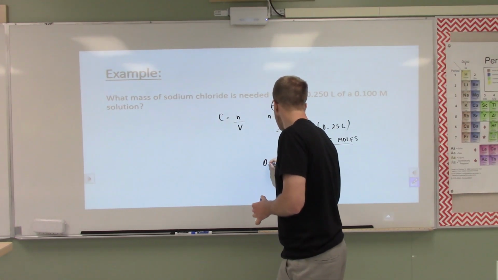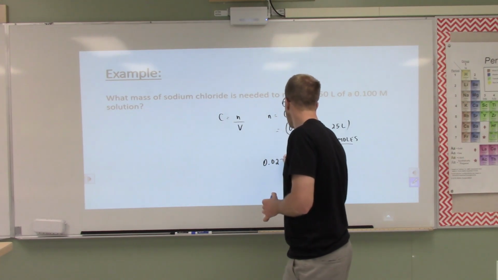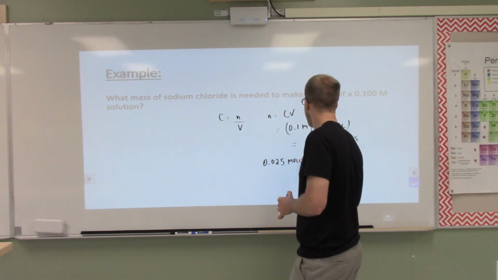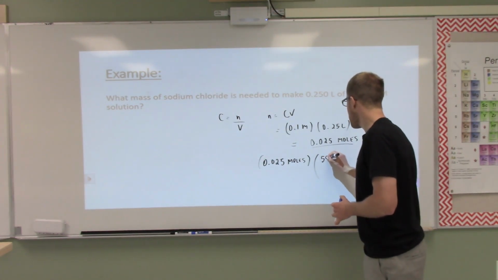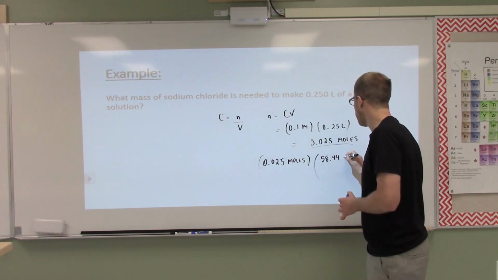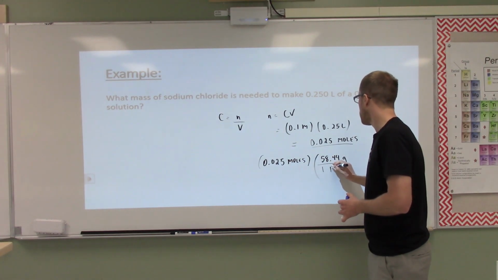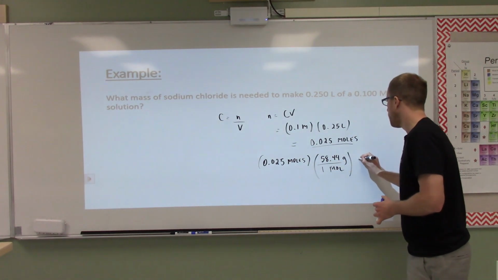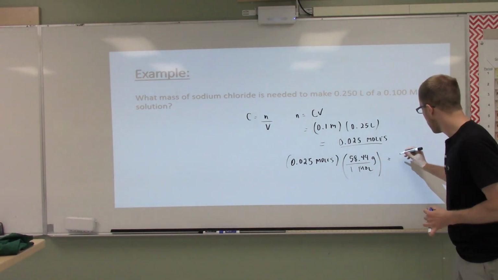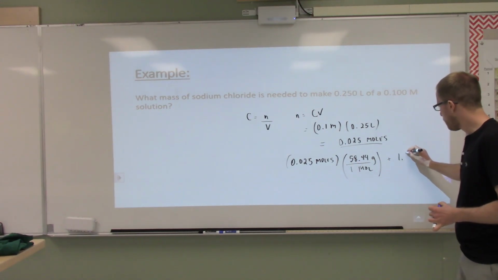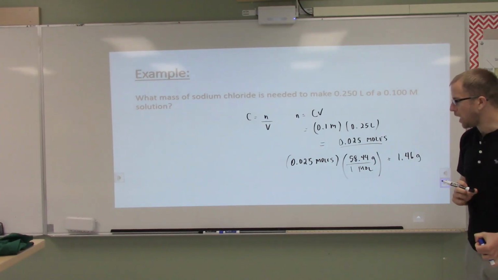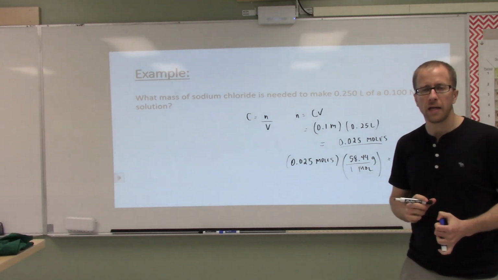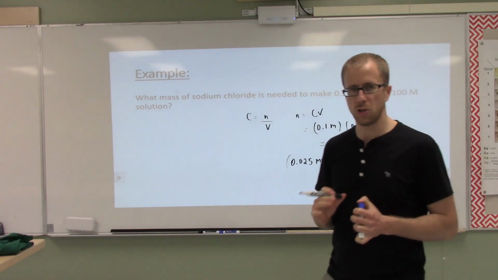So 0.025 moles times 58.44 grams per 1 mole. And this gives us 1.46 grams of sodium chloride needed to make our solution.